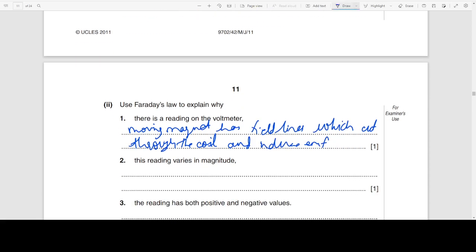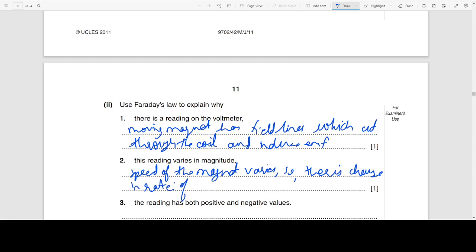The reading varies just because the speed of the magnet varies. So there is a change in rate of the magnetic flux, or the magnetic field lines being cut.